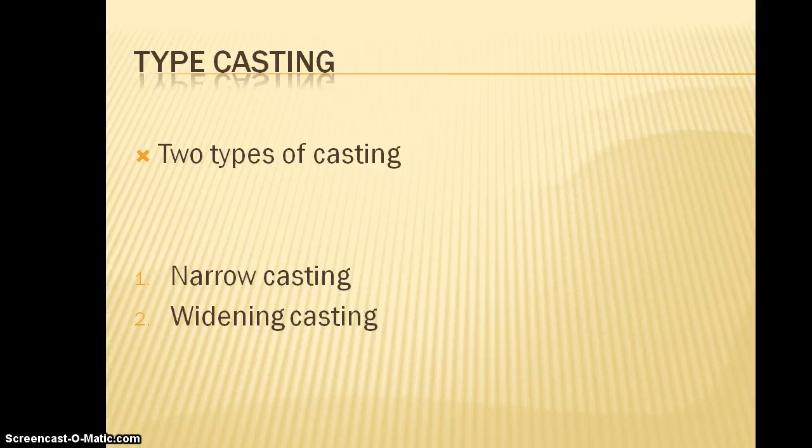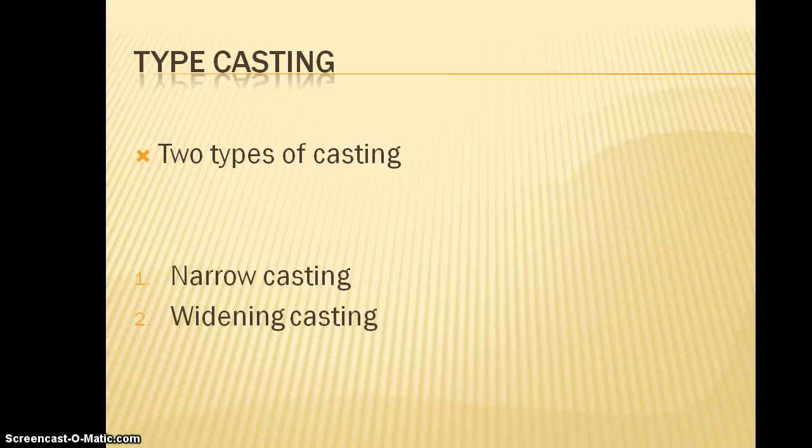Now typecasting. There are two types of casting. One is narrow casting, one is widening casting. Narrow casting allows you to use redefined methods and inherited components of the superclass. The second is widening casting, which lets you use redefined methods, inherited ones, as well as new components of the subclass.